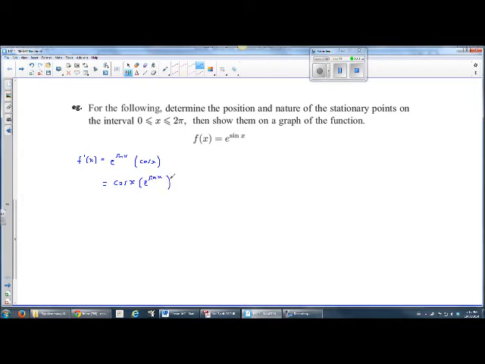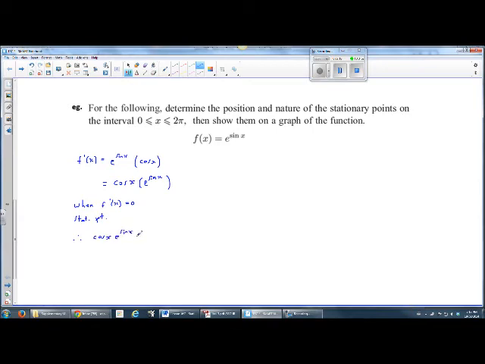Stationary points again occur when the gradient is 0, when the derivative is 0. Therefore, cosine x times e to the sine x will equal 0.